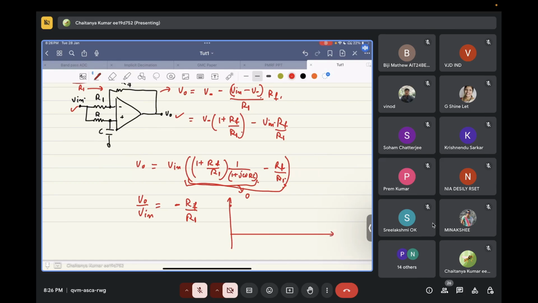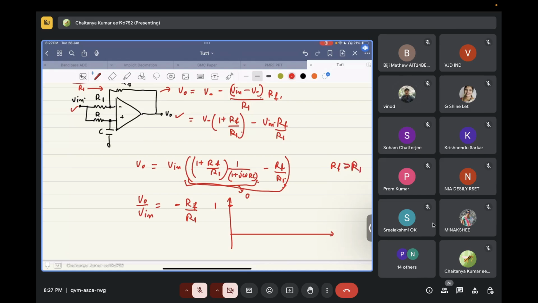At omega equal to zero, our gain will be equal to one, so it will start from a gain of one, and let's say RF is greater than R1.